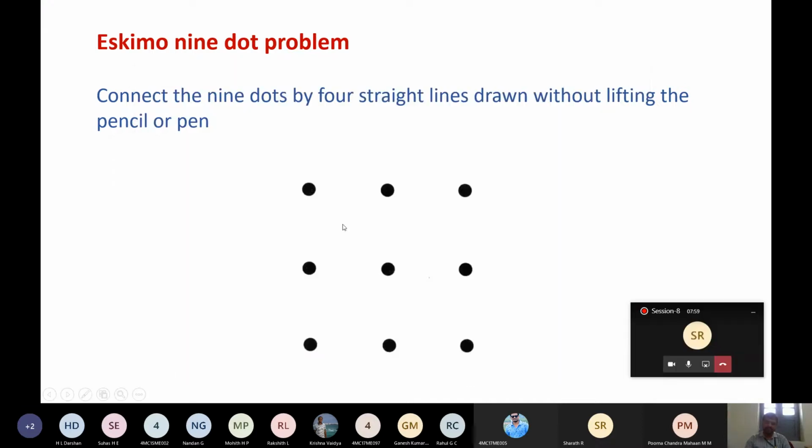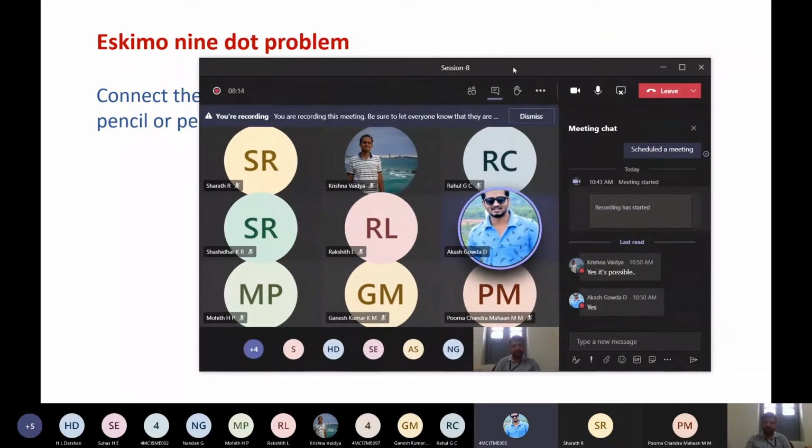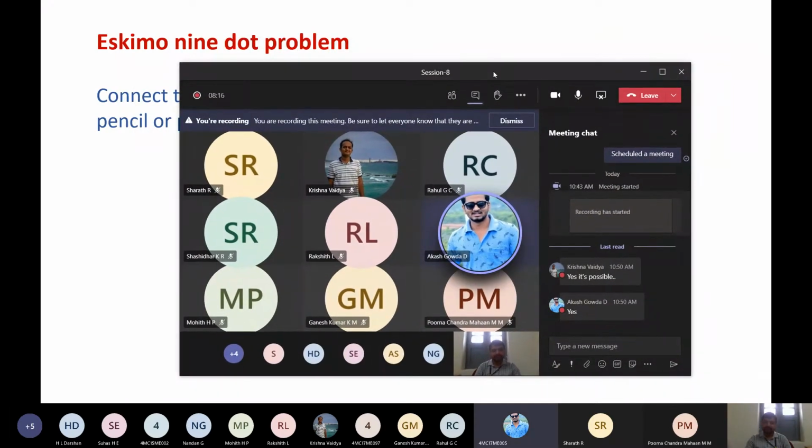Akash, how is it possible to connect these 9 dots?